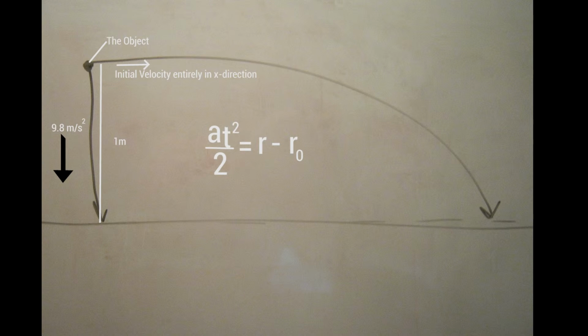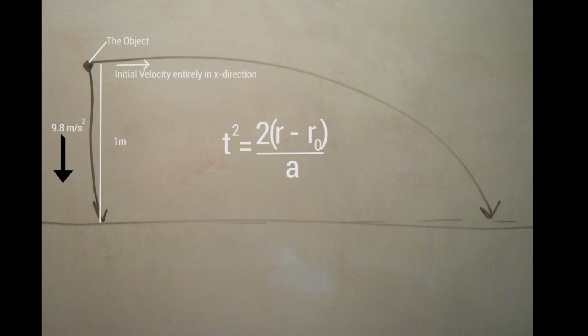We can rearrange for t, where we have our positions. So we will have 2 times r minus r naught, divided by a, equals t squared. Now, to get the final answer, you need to square root this.